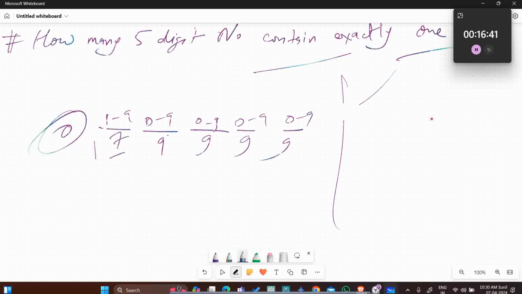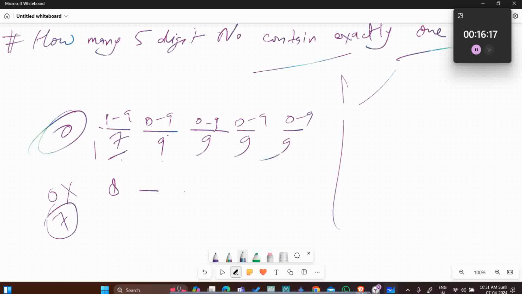So we are not using 7 here, so 9 digits are left. But if 7 is not here, 0 is not allowed here either, and 7 is in other places. So how many options are there? 8, right?